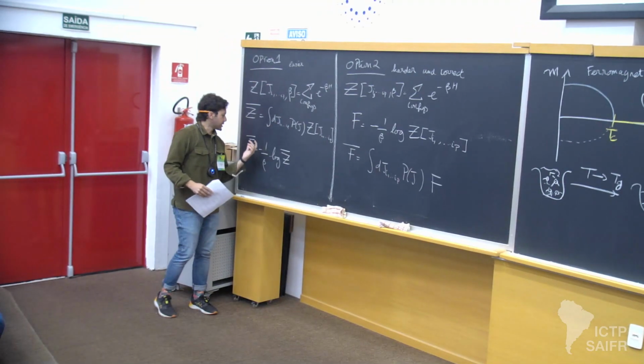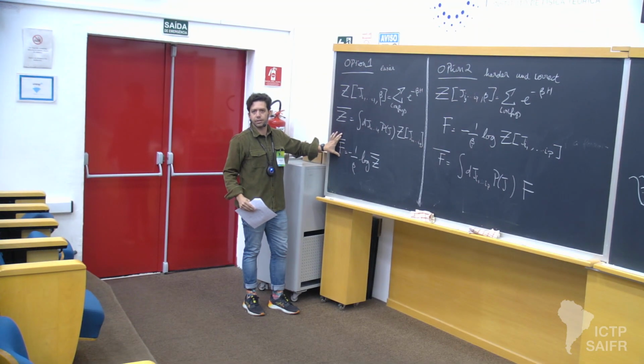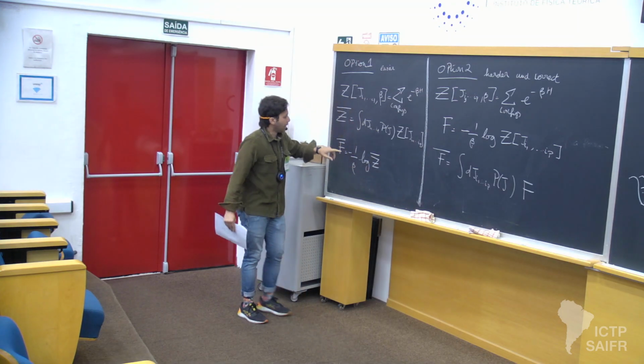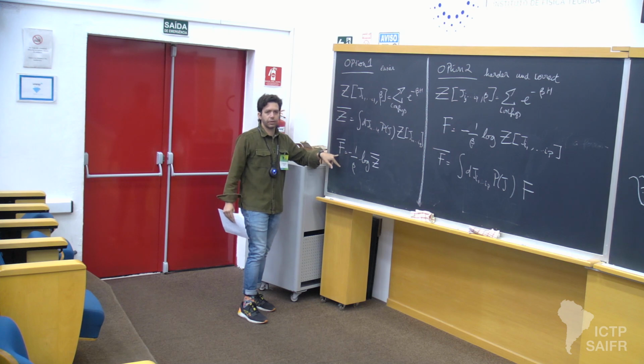The free energy is the object that you minimize in order to understand the physics of the system. And it's very clear that the average of the free energy and the log of the average of the partition function give you wildly different things. But really, it's the free energy that is the thermodynamic object.